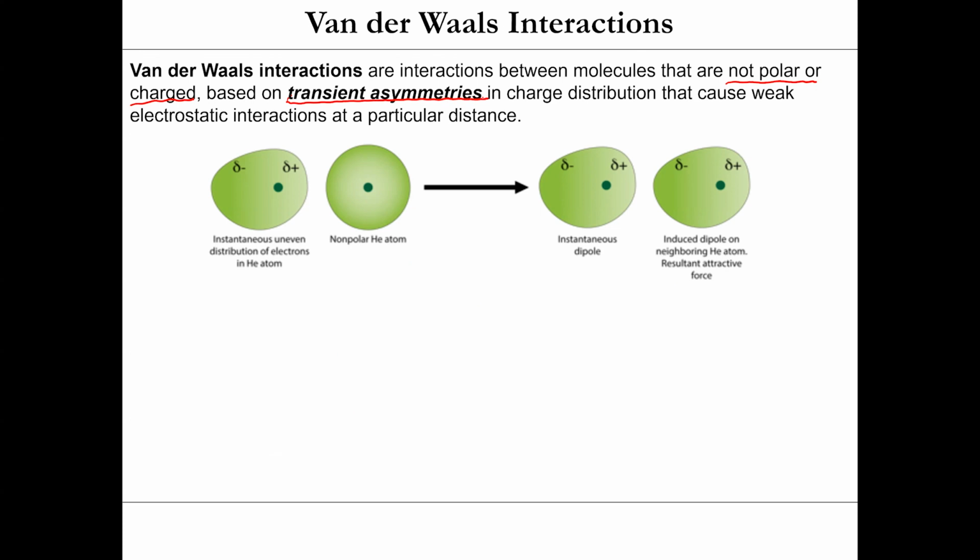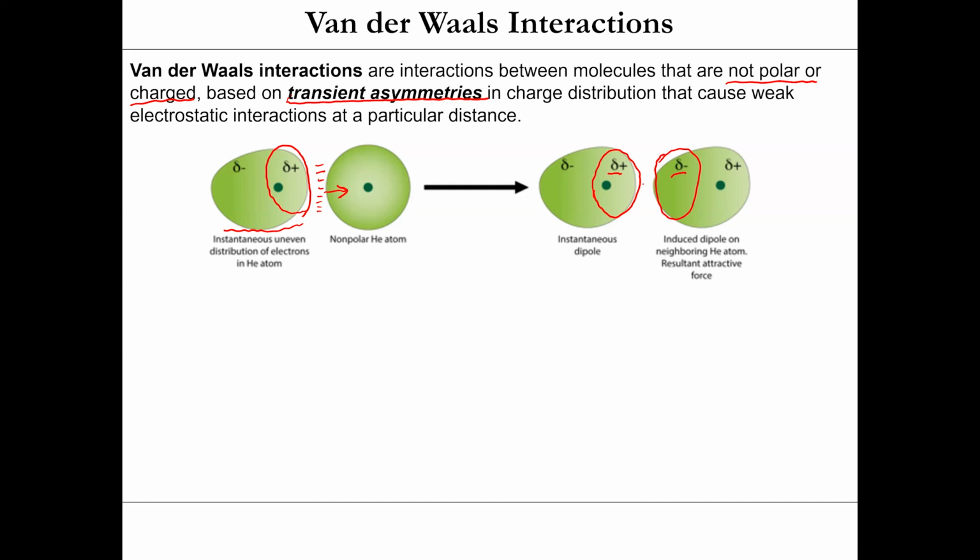You can see here we have a molecule that's not polar or charged, but at any given time, the electrons in it may be on one side of the molecule more than another side. And this can cause additional transient asymmetries in neighboring molecules, causing this nonpolar, non-charged molecule to have partial charges on each side of the interaction.